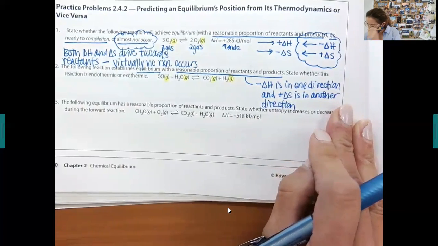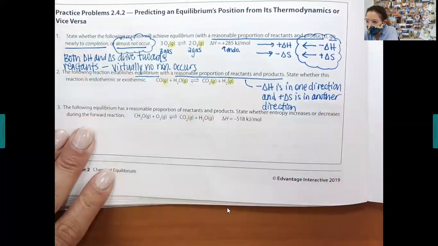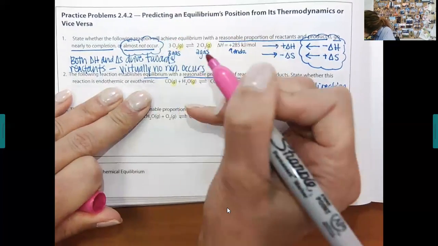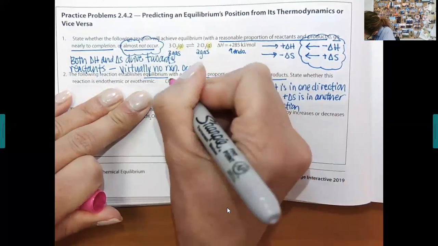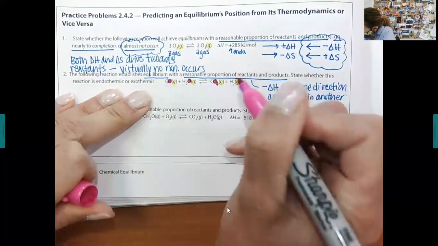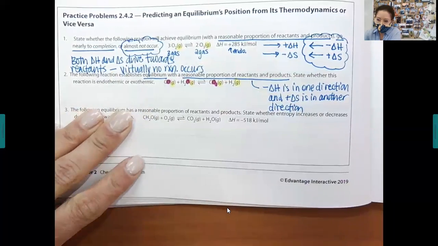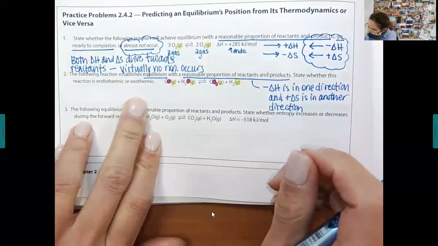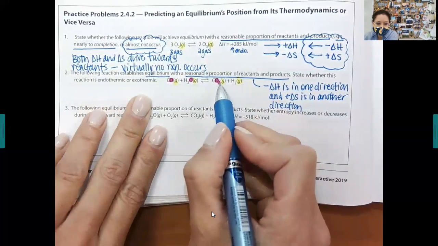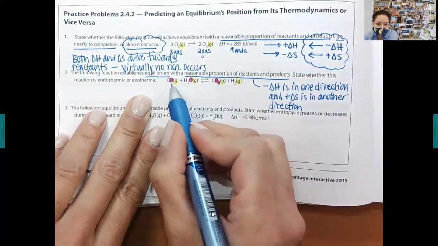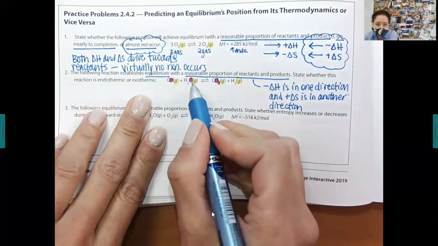Okay, so if you take a look at the oxygens, okay? Do you see how you've got the oxygen here in one molecule, and then now the oxygen is in 2 different molecules here?